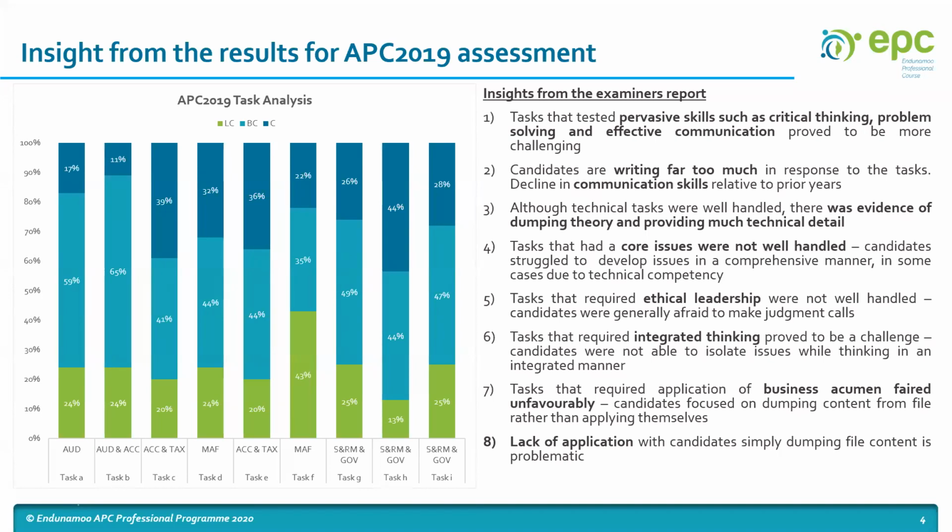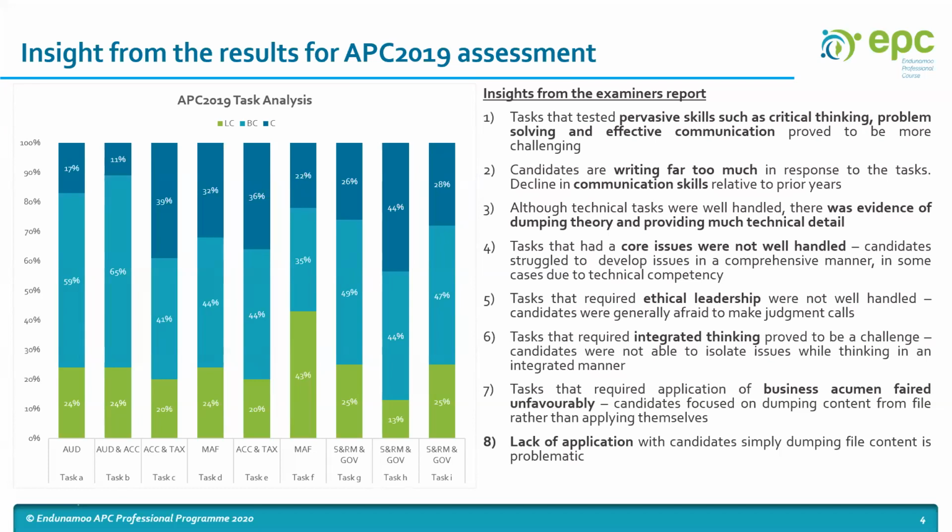So first of all, if we put our focus on the picture that we've got on our left, which is just a summary of the results. The first comment coming from the examiner's report was that a lot of responses were just not there.